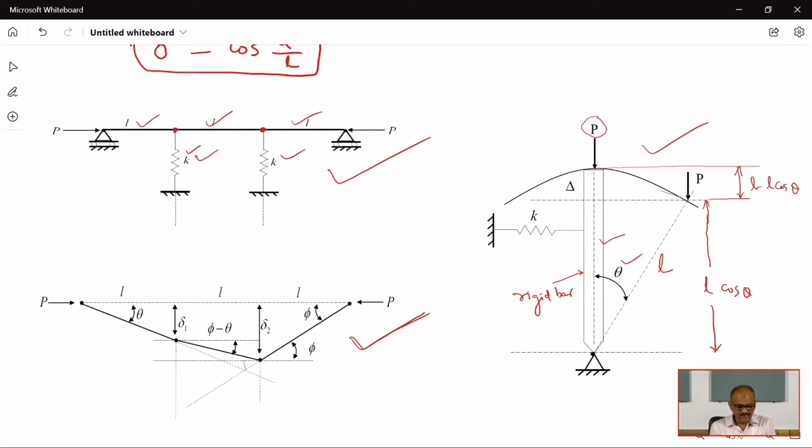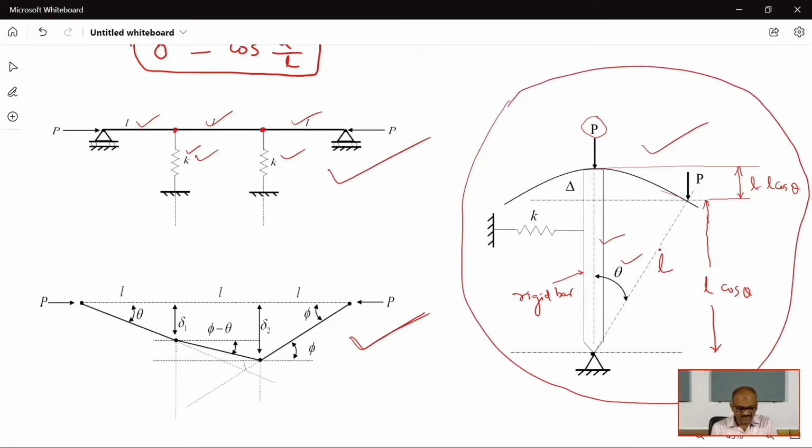This is an example I am showing. When the rigid bar moves by angle theta, the load P moves down by L minus L cos theta. So this delta value is L minus L cos theta.